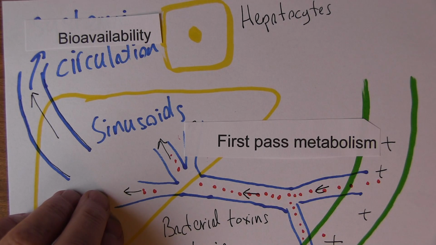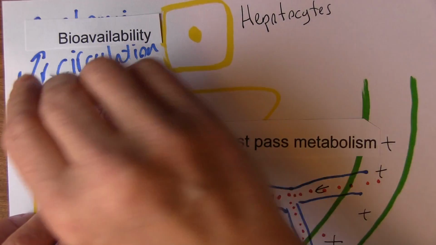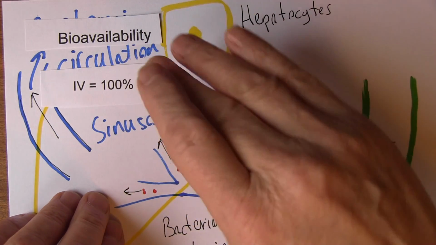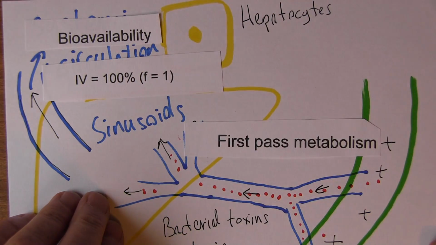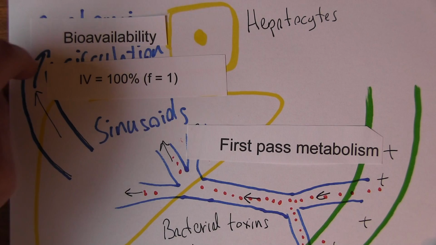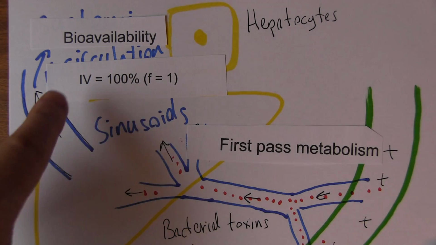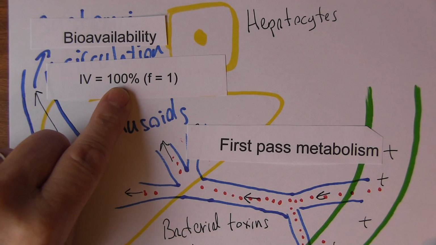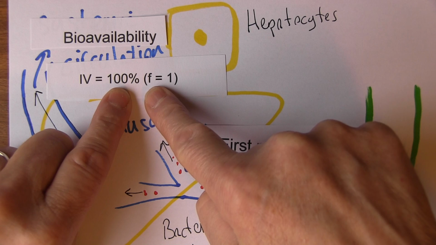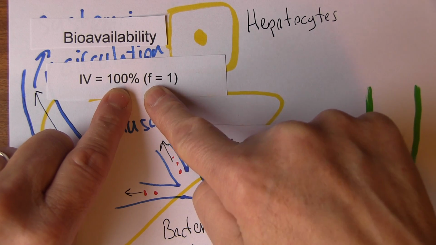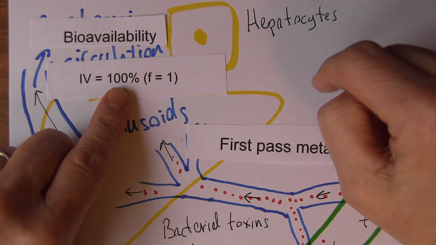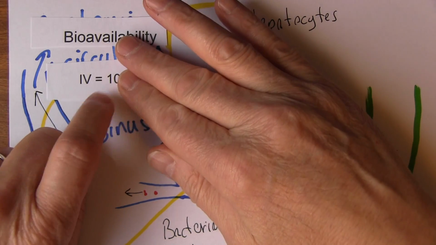Now, if we give a drug intravenously, 100% will be bioavailable because it's going straight into the blood, which is where we want it. A drug working systemically will only work when it goes into the blood. So if we give a drug intravenously, the bioavailability is 100%, and pharmacologists call that F equals 1. 100% of the drug will be bioavailable.